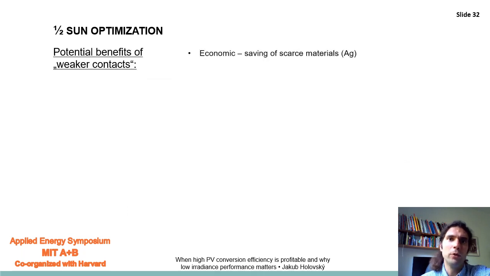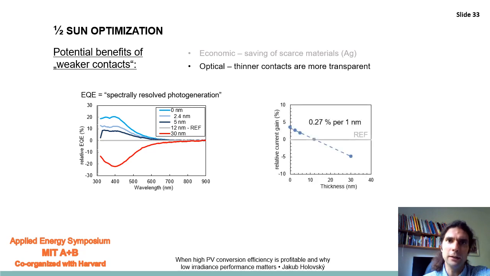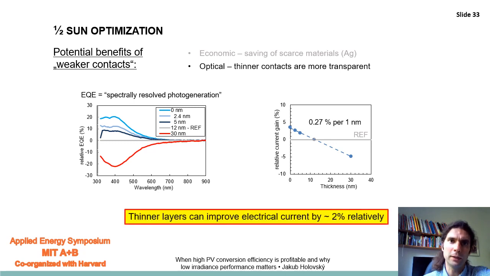It may have some obvious economic benefits like saving scarce materials, but we are more interested in more fundamental optical benefits that are also obvious because thinner layers have better transparency, and by analyzing this we found that thinner layers can improve electrical current by roughly 2% relatively.